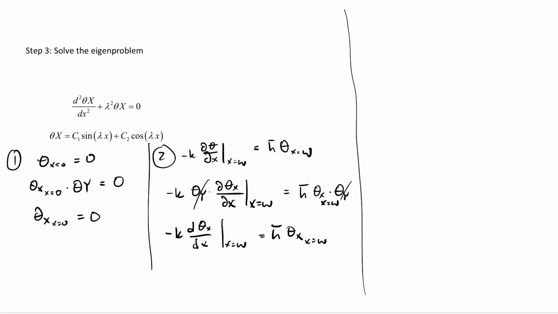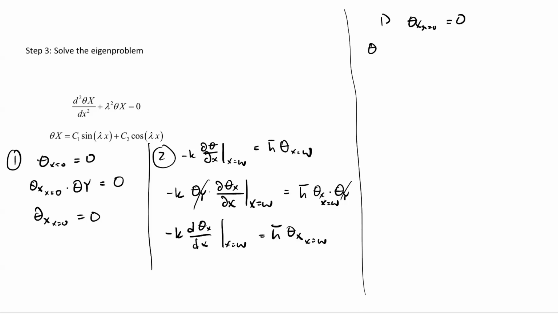Okay, so now let's make myself some room over here. Let's go through and actually solve to try to get the eigencondition here. We're going to enforce the boundary conditions first. We're going to say theta x at x equals 0 equals 0. So let's enforce this boundary condition on our theta solution, right?